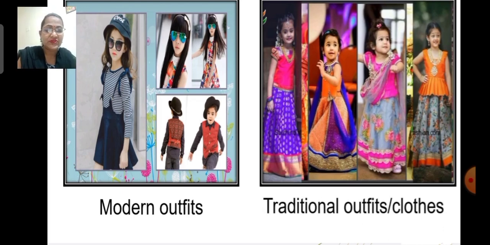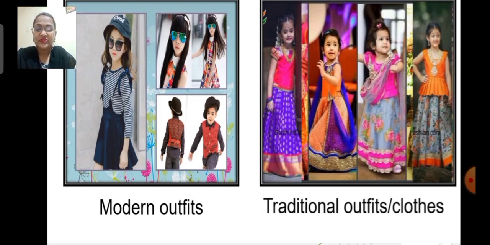Look at the pictures which are shown on the screen. You have two pictures over here. Do you think there is any kind of difference between the two pictures? Yes, the first picture is of modern outfits.